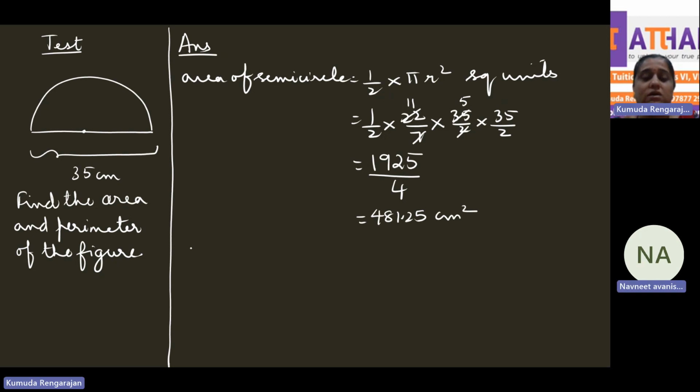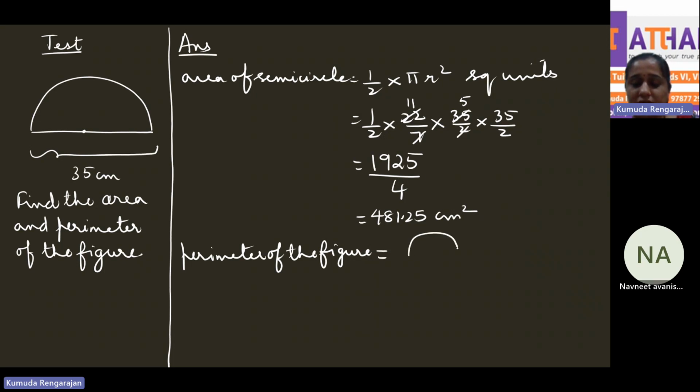Okay. Anirudh, what's the formula to find the perimeter of this figure? Ma'am, perimeter is the boundary. Okay. The perimeter of the figure is equal to this length plus this length, correct?